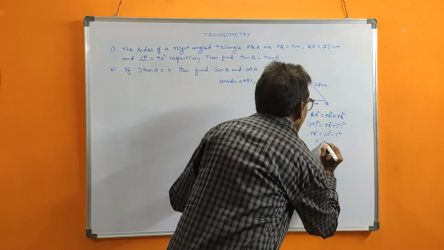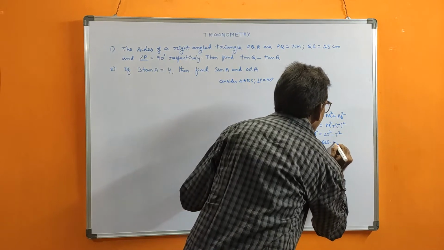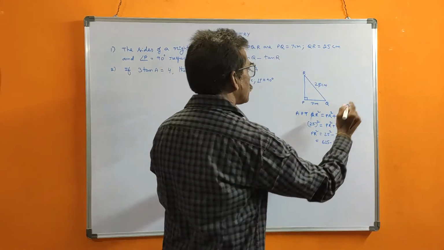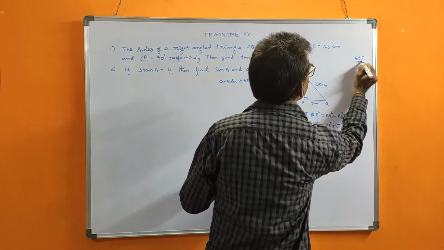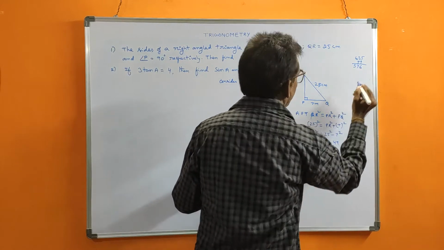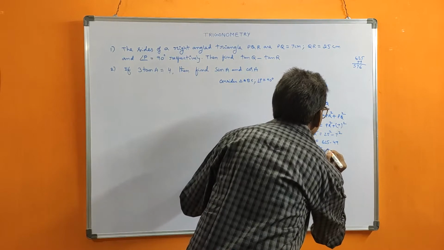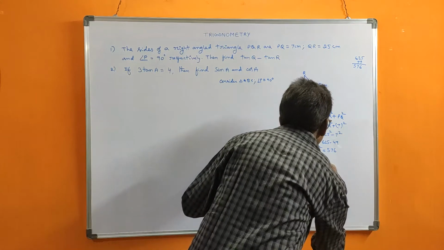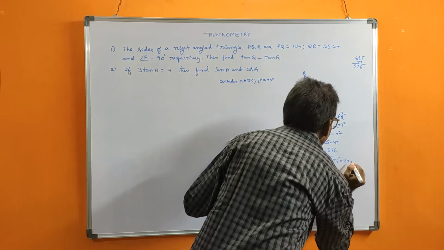Now 25 squared is 625 minus 49. So 625 minus 49 is 576. PR squared is equal to 576. If you want PR, it is the square root of 576, that is 24.